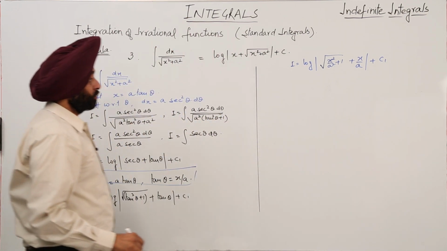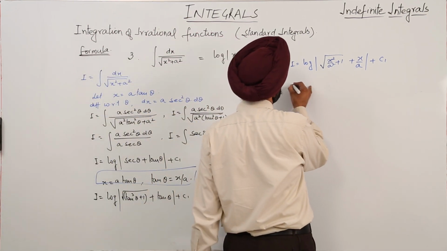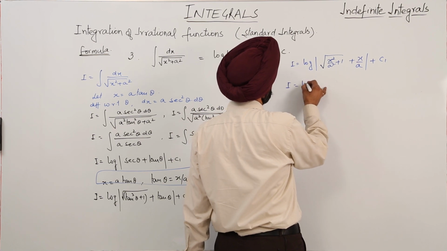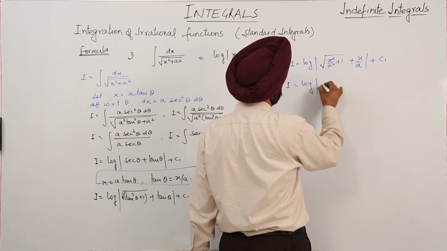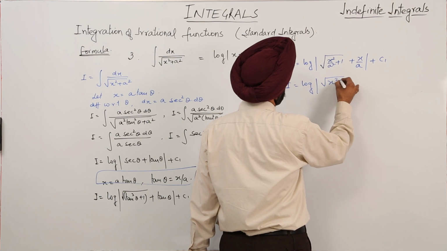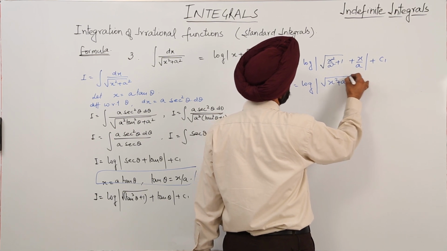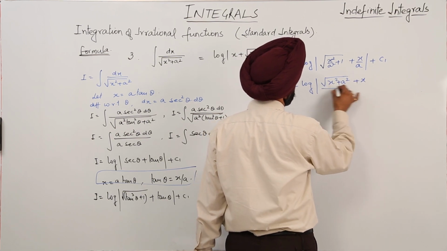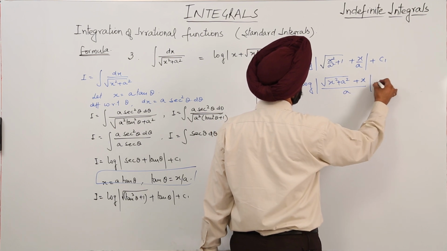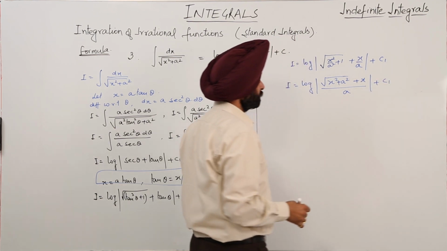Is it clear? So now this becomes what? Log of square root of x square plus a square, plus x, upon a, plus c1.